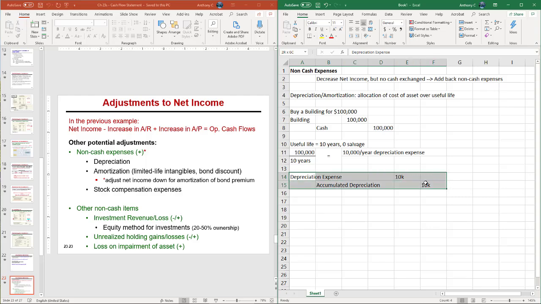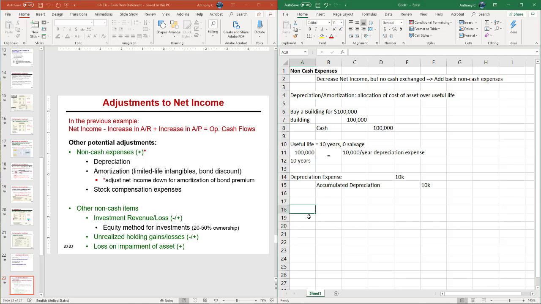So depreciation alone is a non-cash expense. Since this will decrease net income, but no cash is actually paid, we need to add this back to net income to get to a cash basis. We could also apply the same exact concept to amortization, since amortization is just the allocation of the cost of an intangible asset over its useful life.